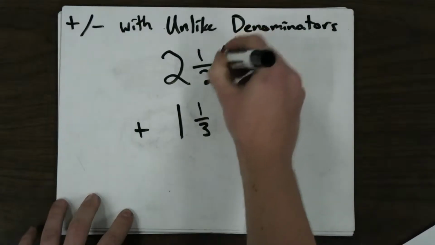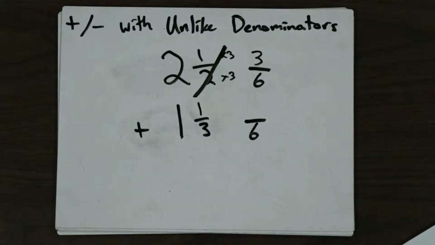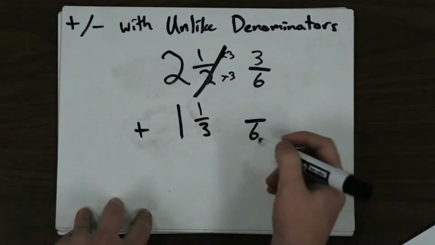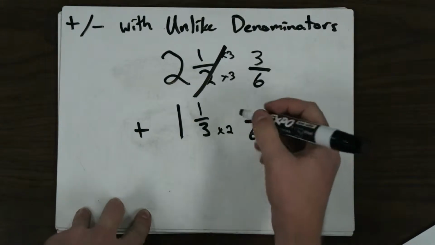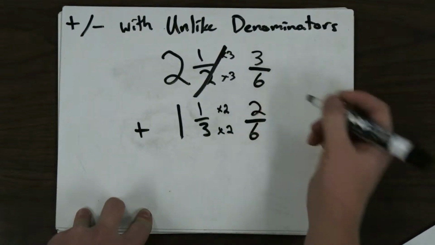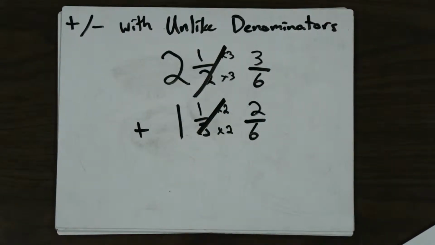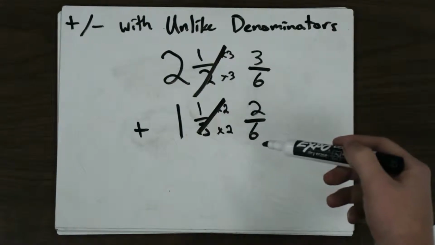Okay? And now I've rewritten that fraction as 3/6. And 3 times what is 6? 3 times 2 is 6. If I multiply the bottom times 2, I've got to multiply the top times 2. 1 times 2 is 2. So now I've rewritten 1/2 and 1/3 as 3/6 and 2/6.